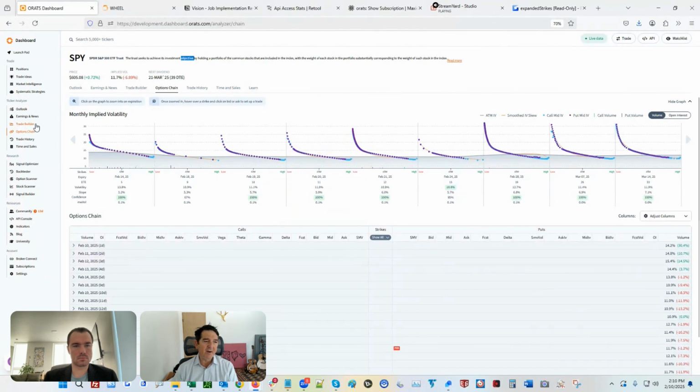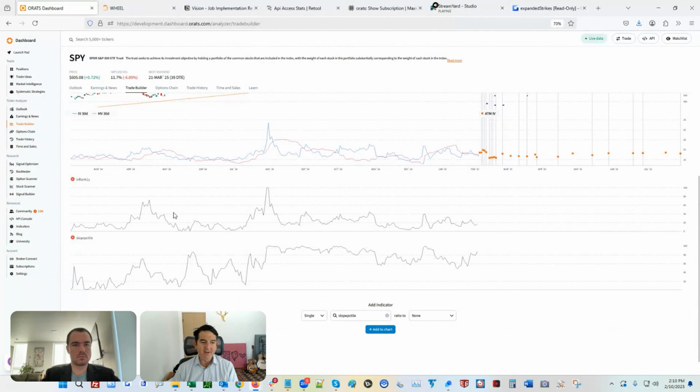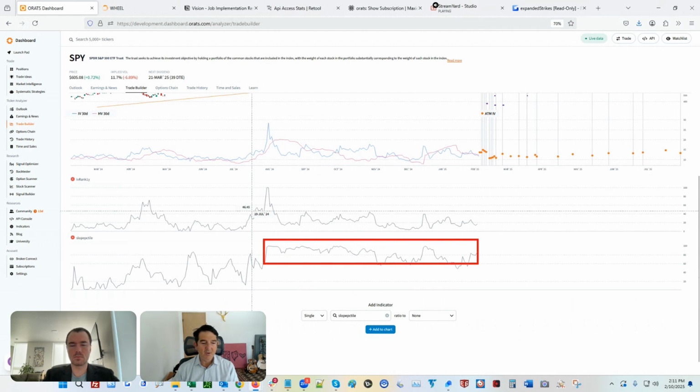Now that we've seen that, we could go back to that trade builder and think about what's happened lately since that August surprise. Slope has really gone up and stayed up. I think that must have hurt a lot of zero DTE traders, because what I drew before shows that the slope has stayed up at higher highs, whereas before it was a fair amount lower.